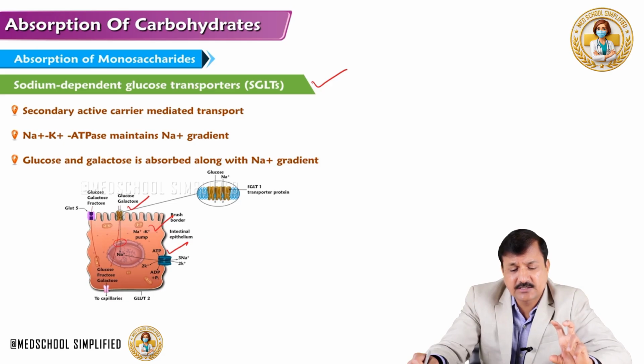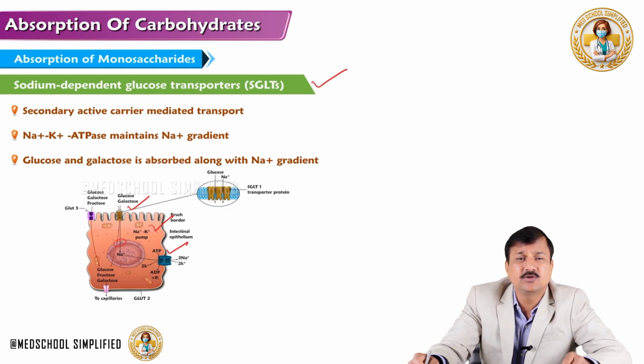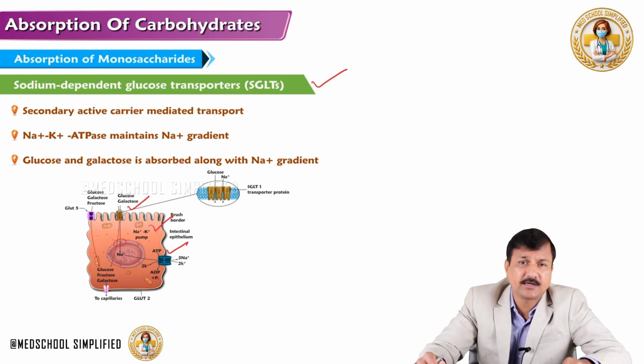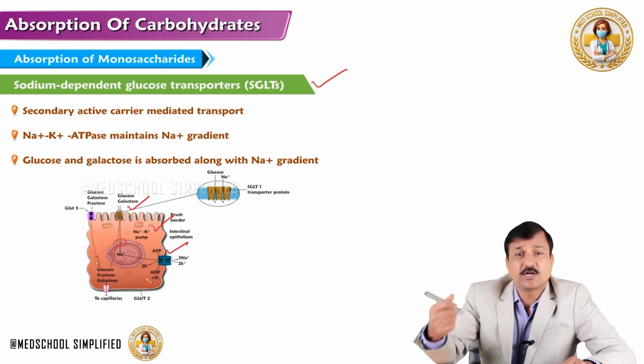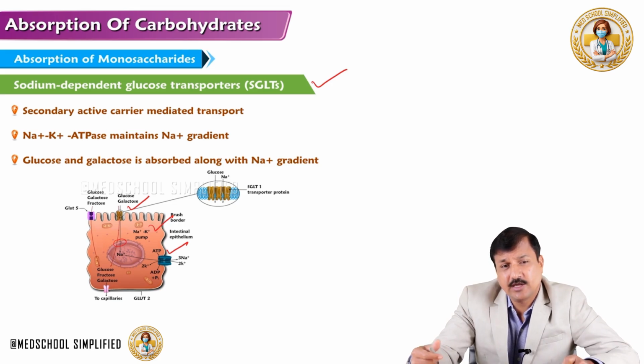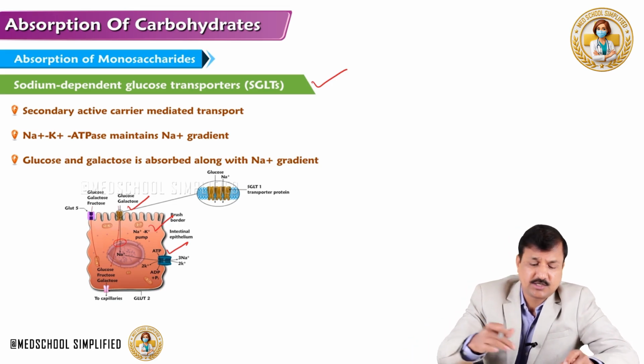That's why SGLT transporters are referred to as secondary active carrier mediated transporters, because they are dependent on the primary active transporter, the sodium potassium pump. Remember that. That's about SGLTs, or sodium dependent glucose transporters.